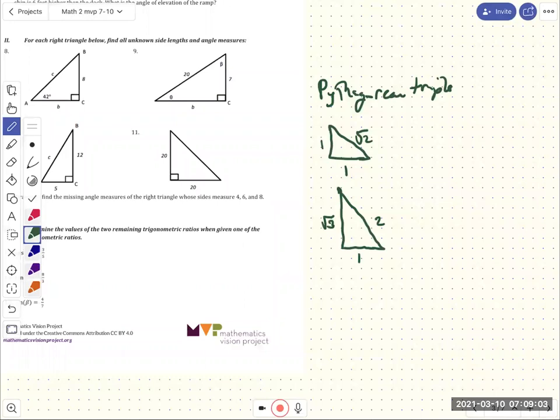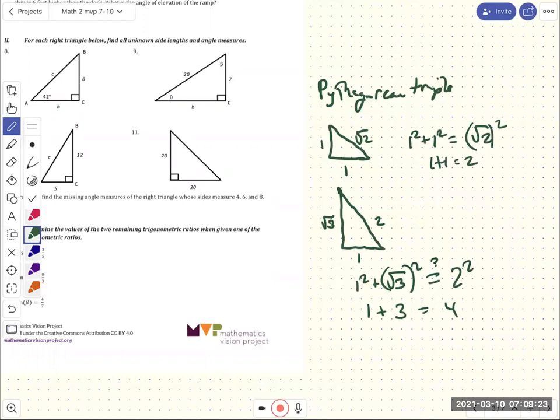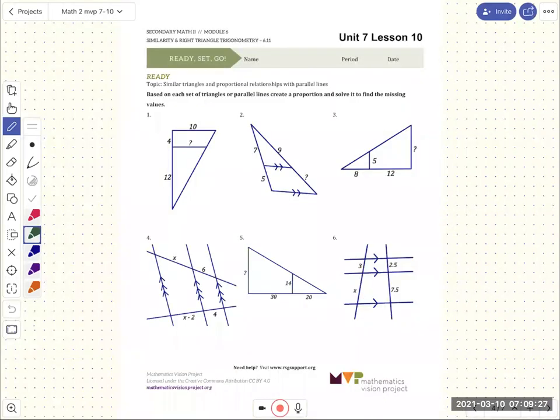And let's say you can't remember. Just say 1 squared plus square root of 3 squared: does that equal 2 squared? 1 plus 3 equals 4, so that must be the ratio. Whereas up here, it's 1 squared plus 1 squared equals square root of 2 squared; 1 plus 1 equals 2. Then I'll do a separate one on these homeworks.